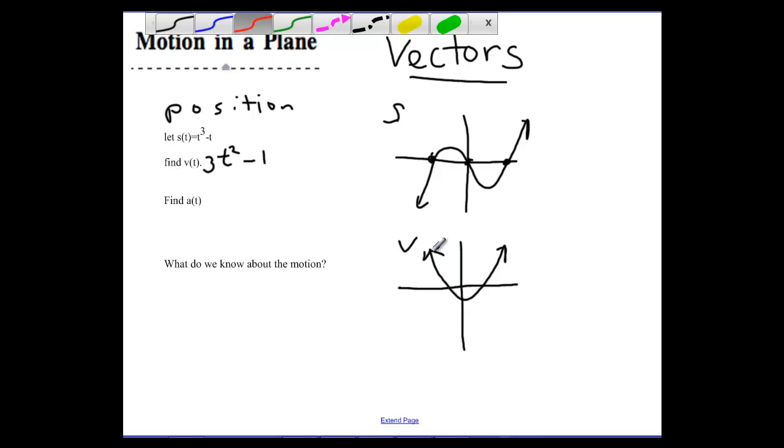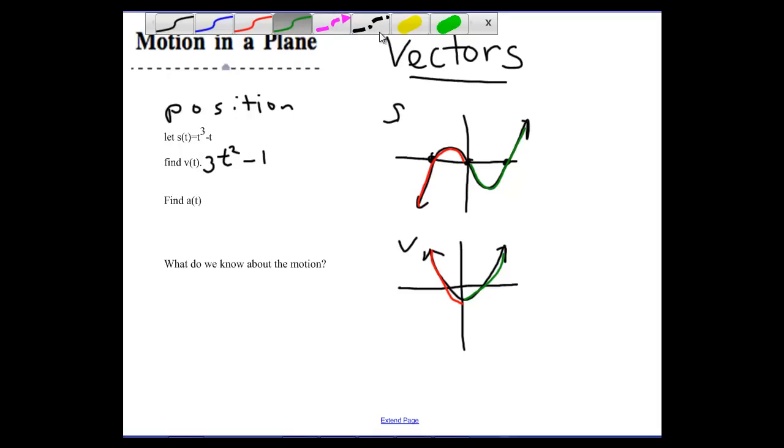Everywhere where I've got a negative velocity, where my velocity is decreasing rather, my function is concave down. And everywhere where I have an increasing velocity, my function is concave up.